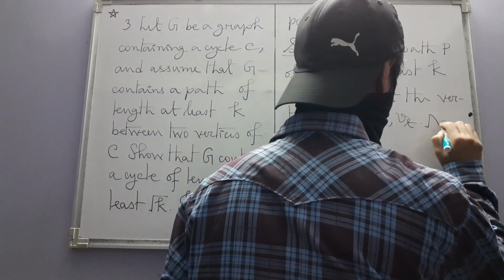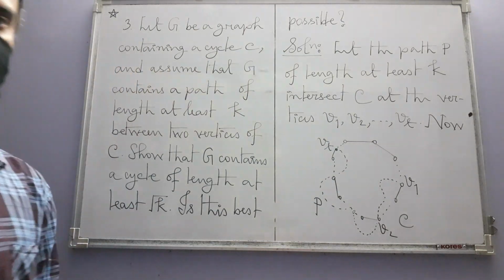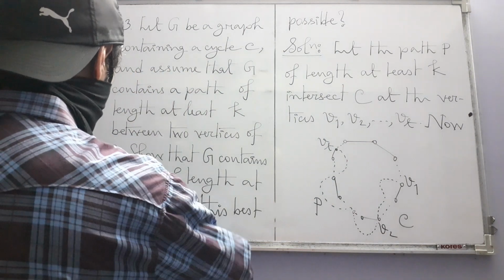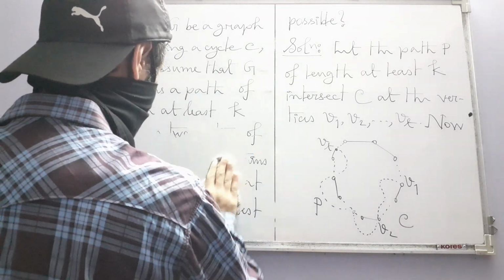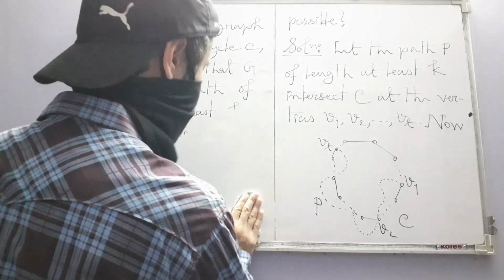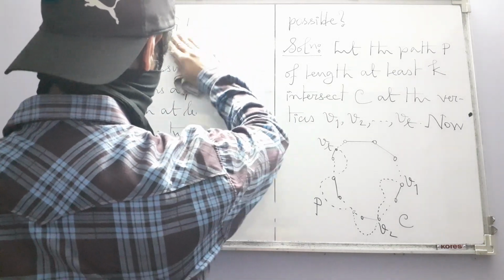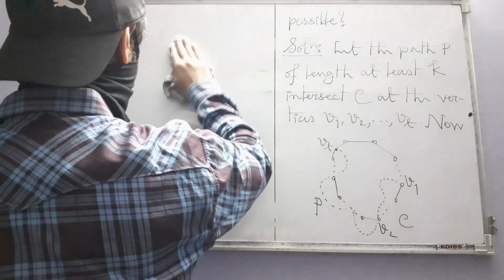So this is pretty much the situation. Now there is a case in which we need not do anything practically. If it happens that the number of these common vertices, that is t, itself is at least square root of k, then what happens?